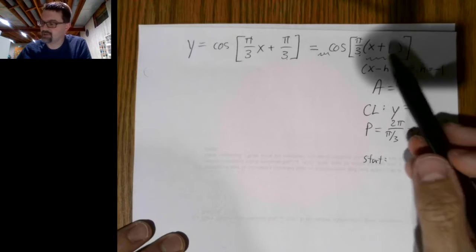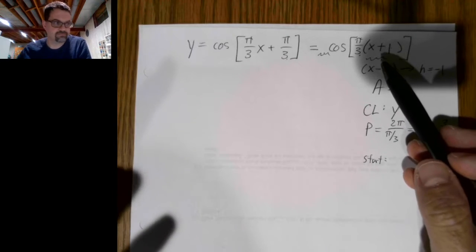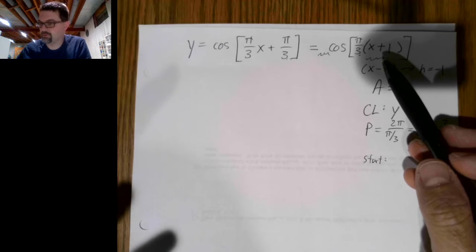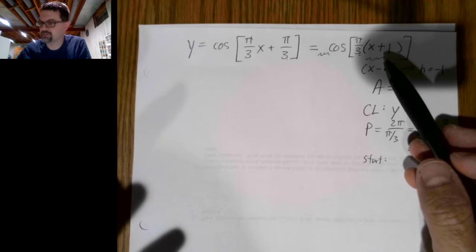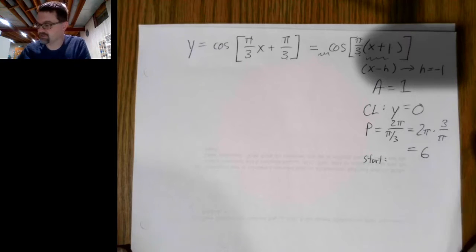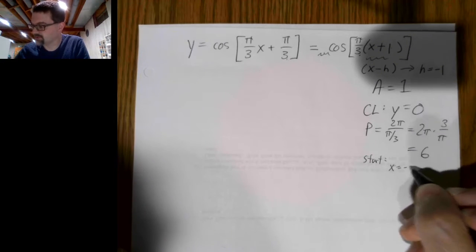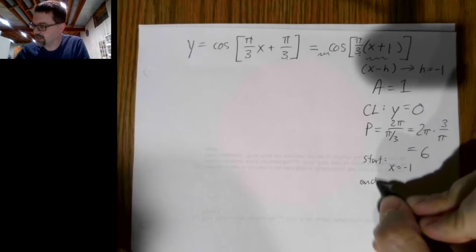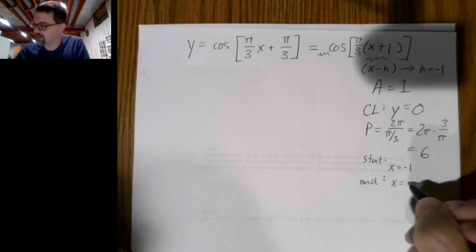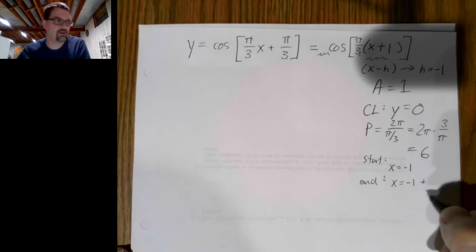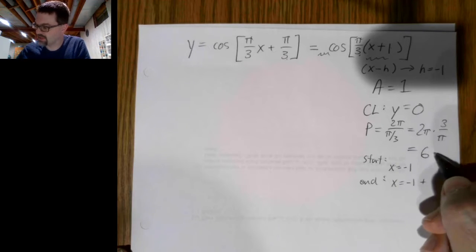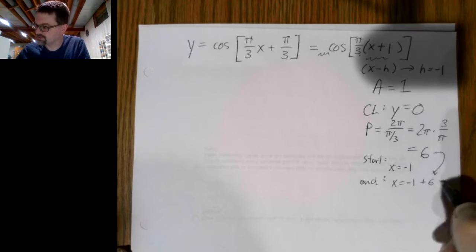So this is an example where the graph that we would have had otherwise gets shifted to the left, actually, instead of to the right. So this is going to start at x equals -1 and end at x equals -1 plus however long one cycle is, and that's what the period is.